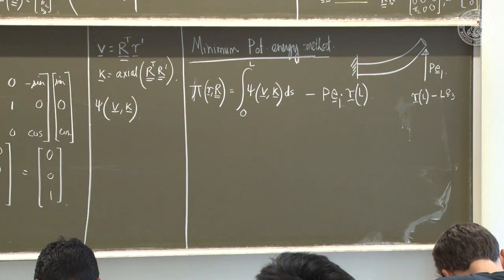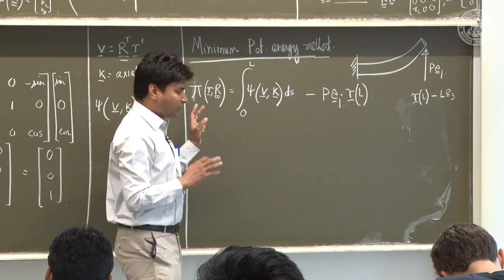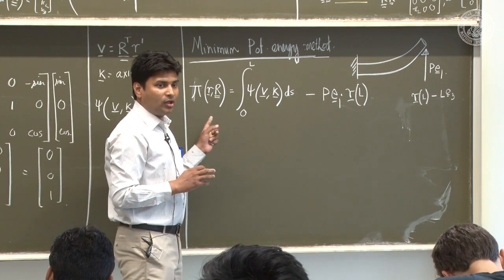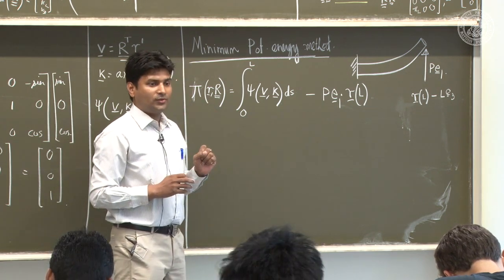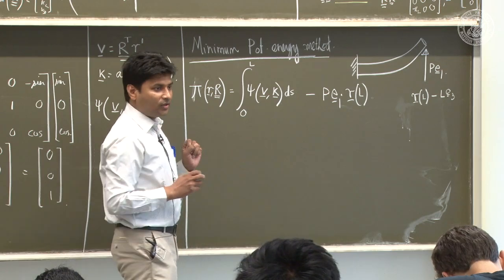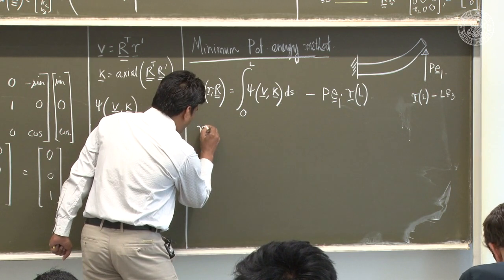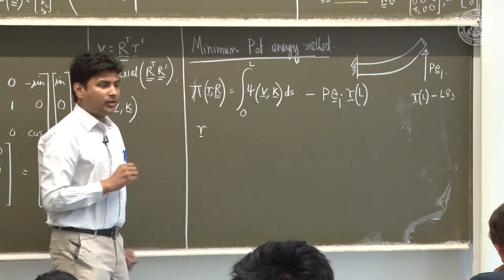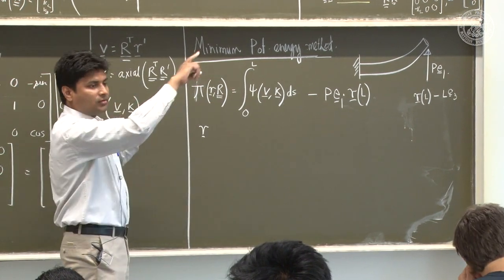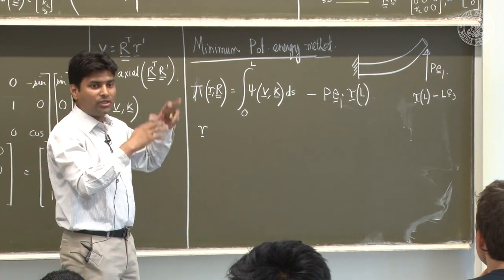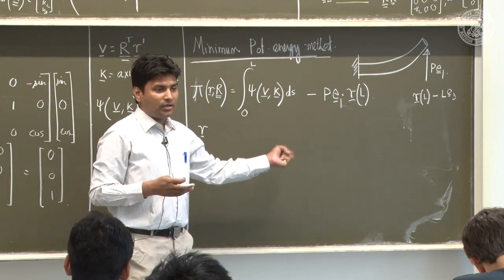Okay. But here it is going to be a bit tricky, because we want to vary these kinematic quantities, which is not so easy. So little r, how do you perturb your little r? How do you vary the little r? Little r is a center line. You want to change your little r and see whether the energy has increased or decreased.